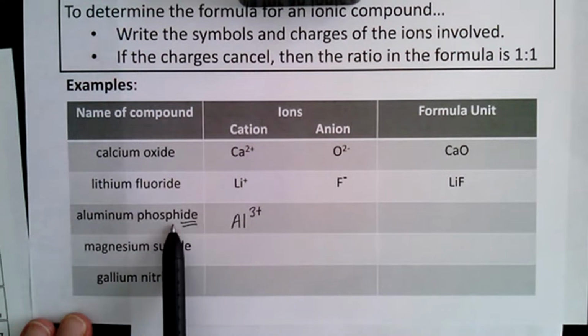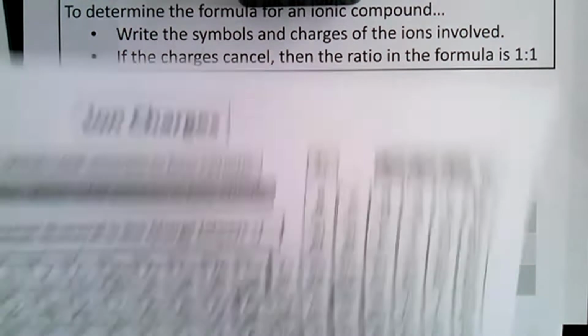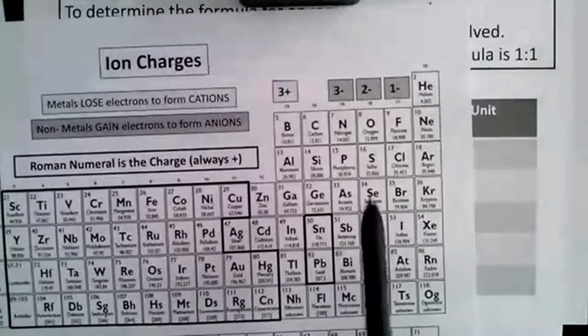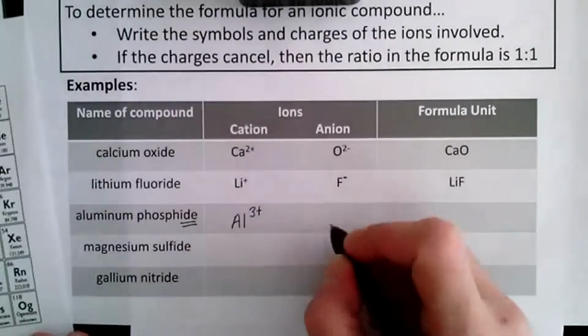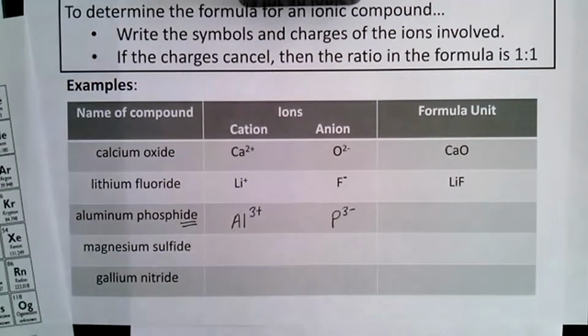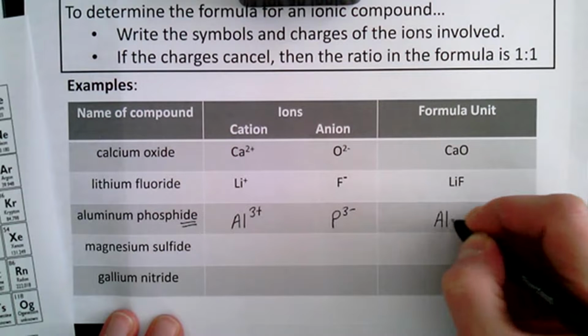You take the root of the element name and add "ide." So phosphide must have been phosphorus. So we look up phosphorus, and we see that it's in the 3- column. So this is going to be P3-. These charges cancel one another automatically. They equal 0 when you put them together. So our formula for aluminum phosphide will be AlP.